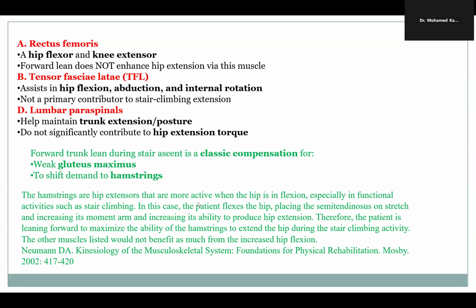In this case, the patient flexes the hip, placing the semitendinosus on a stretch and increasing its moment arm and its ability to produce hip extension. Therefore, the patient is leaning forward to maximize the ability of the hamstrings to extend the hip during stair climbing, and the other muscles would not give the same benefit like the semitendinosus. This was the explanation of this tricky question.